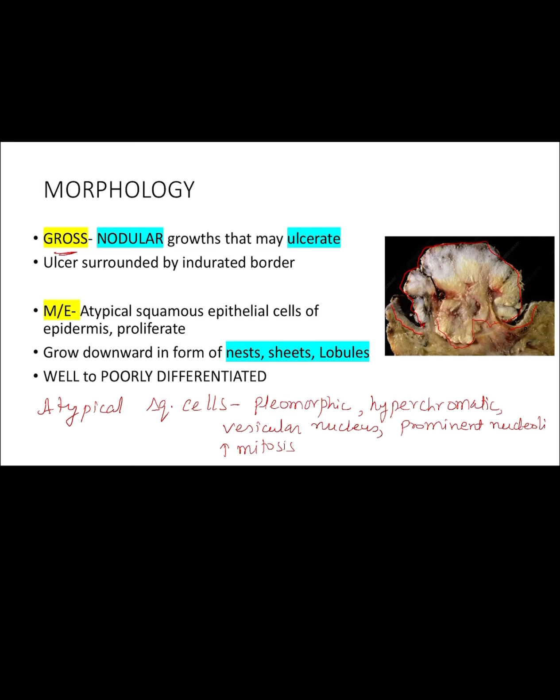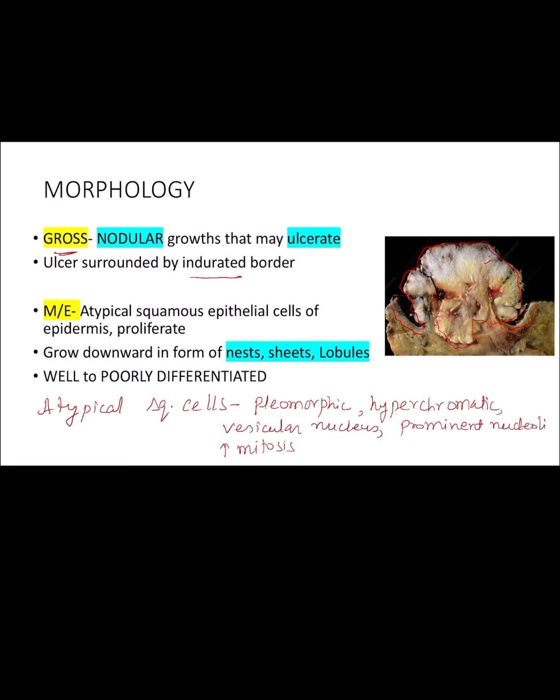So this is an ulceroinfiltrative and ulceroproliferative growth, and the cut surface is grayish white and yellowish in color. The ulcerated lesion is generally surrounded by indurated borders. So grossly, this is the appearance of squamous cell carcinoma.